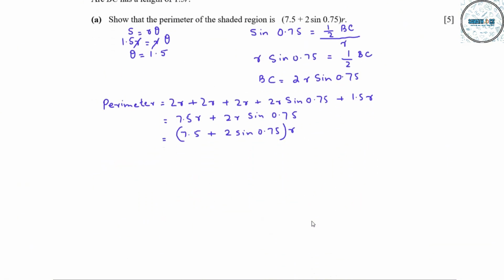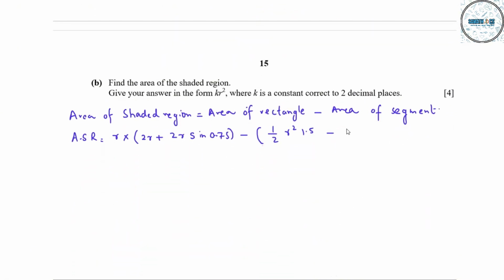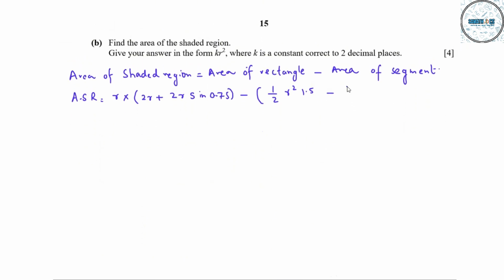So we can write here minus 1 upon 2 r squared sine 1.5.